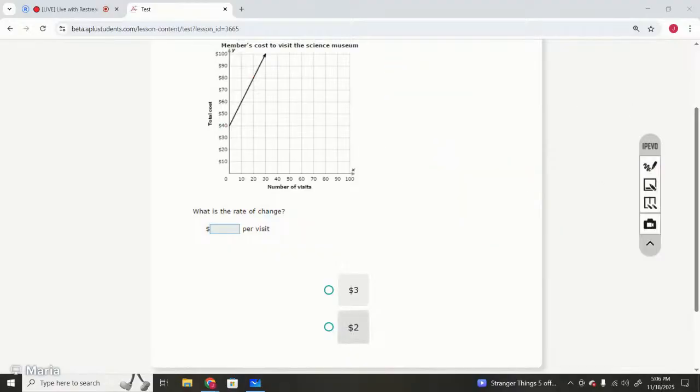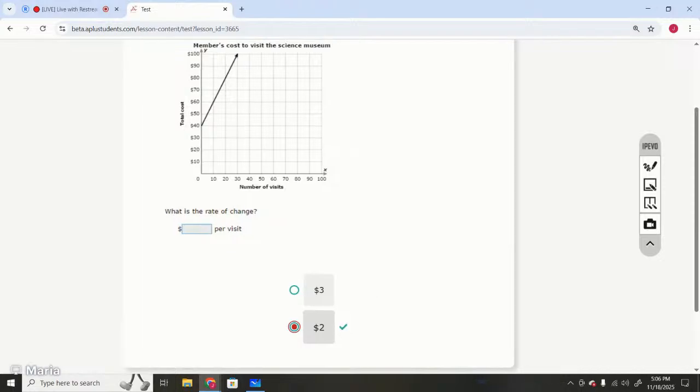The slope of the graph is 2. Option number 2 is the correct option.